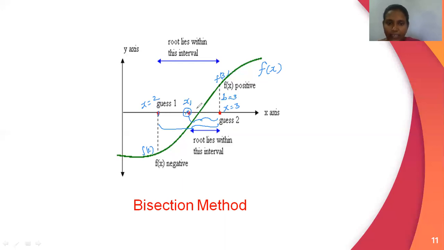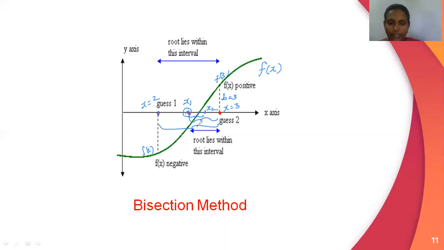Now again taking the average of x1 and b, we got here the x2 value. Next again, we get the average of x1 and x2. Continuously repeating this process, finally we get the accurate result. The root of the given curve always intersects the x-axis.